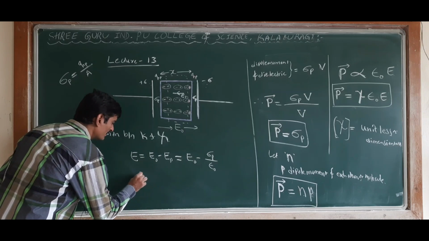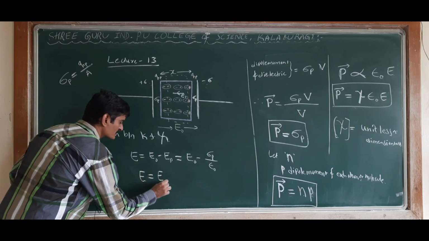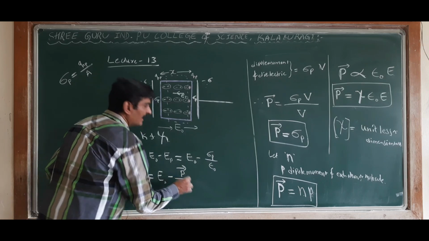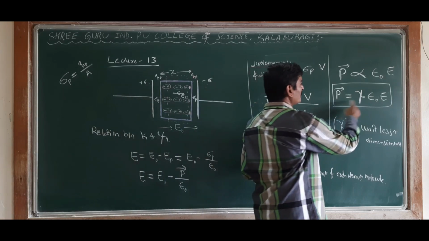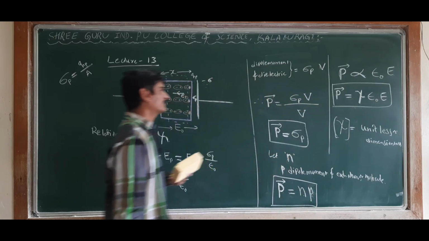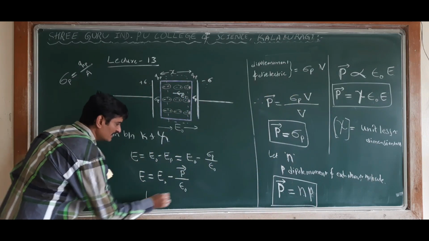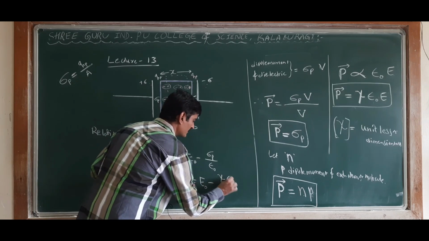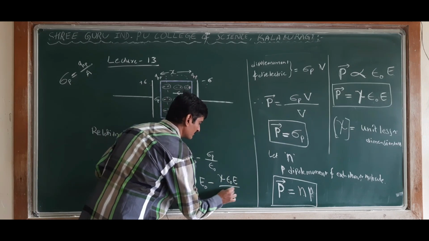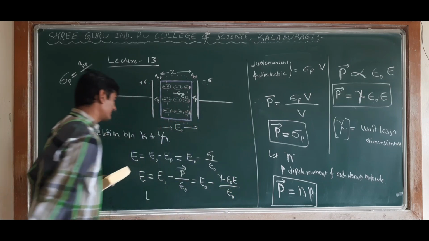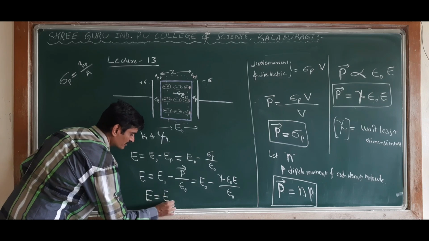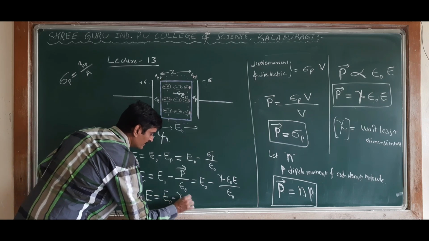So E is equal to E naught minus vector P divided by epsilon naught, and vector P is equal to chi epsilon naught E. So E is E naught minus chi epsilon naught E divided by epsilon naught, and epsilon naught cancels. So E is equal to E naught minus chi into E.